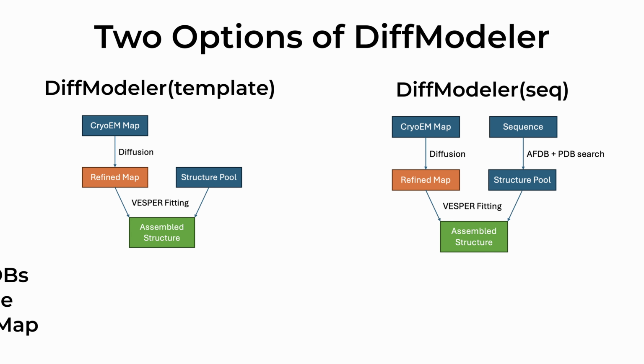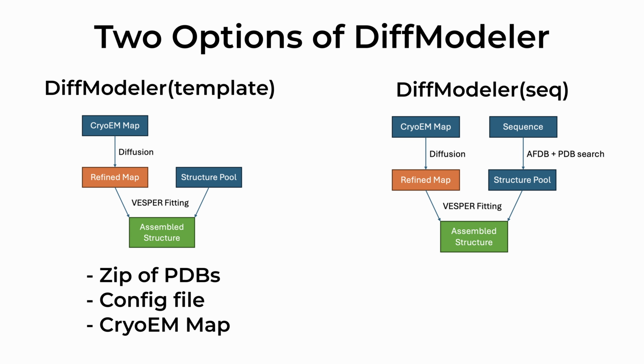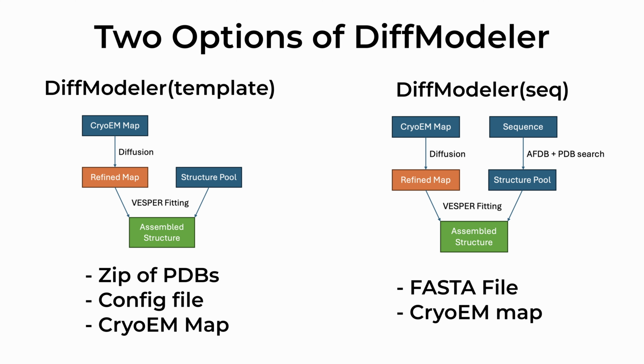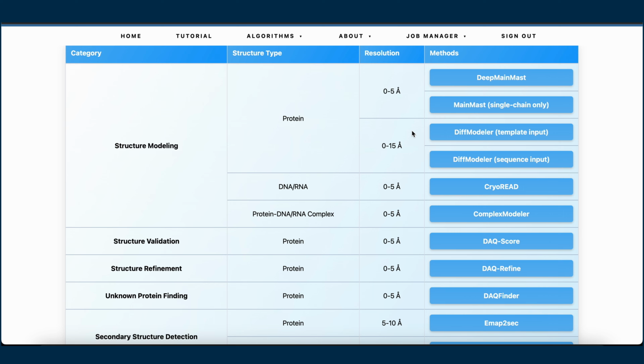For DiffModeler template, you will provide structure models in a zipped file along with a PDB configuration file listing the PDB file names along with your cryo-EM map in MRC format. For DiffModeler seq, you will need your cryo-EM map and just a FASTA file with your amino acid sequences.